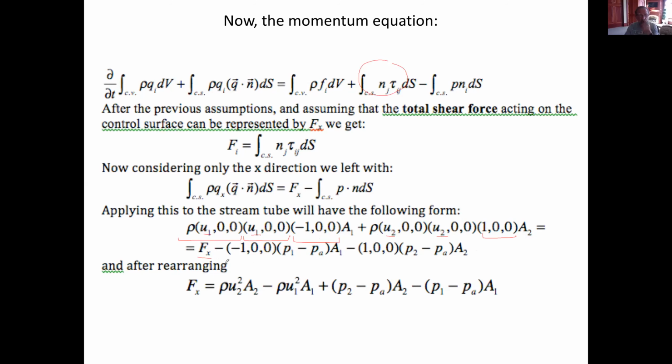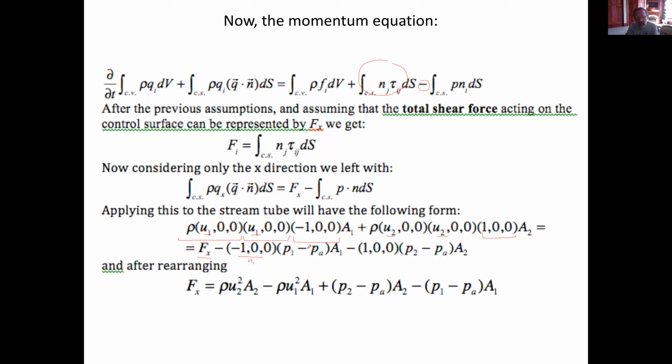Then let's do the same thing with the pressure. There is a minus sign. Why is there a minus sign on the pressure? Because the force is opposite to the unit normal. So we have minus at the entrance, where the normal is N1, times P1, and we put in a reference pressure: we take P1 minus PA.